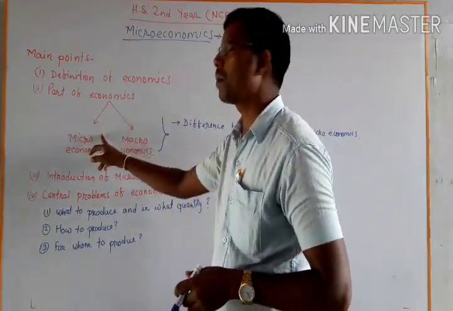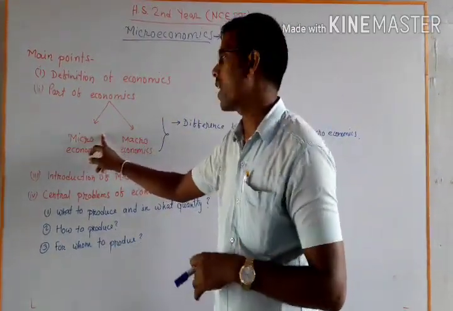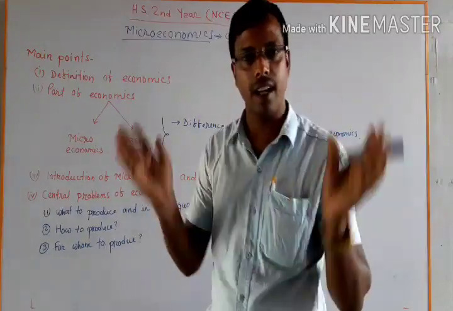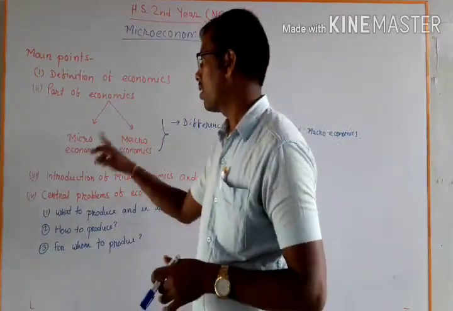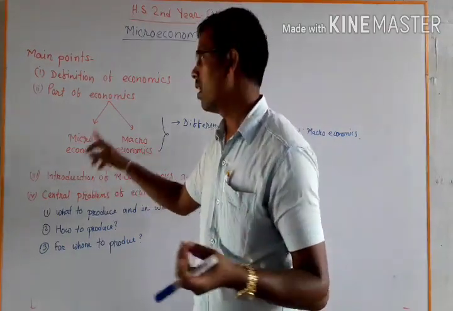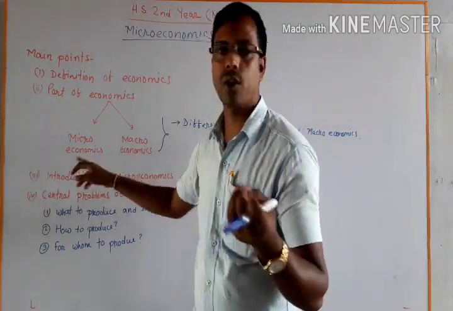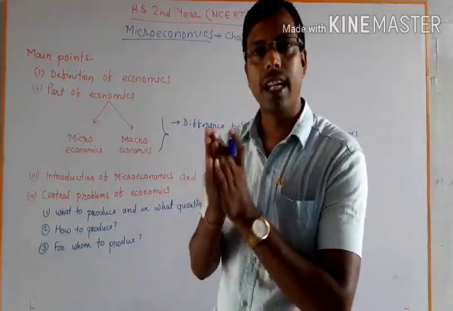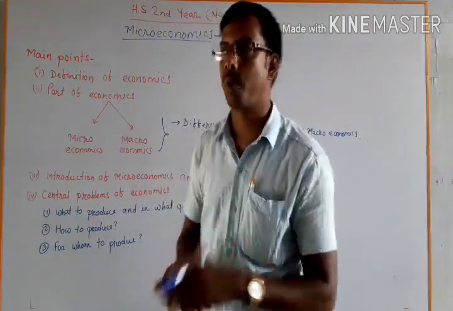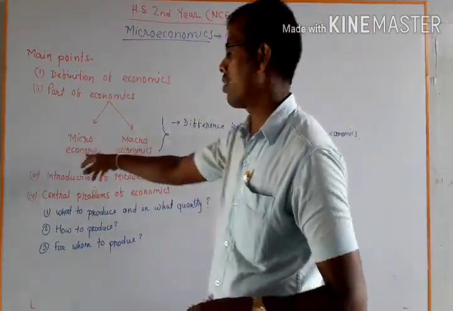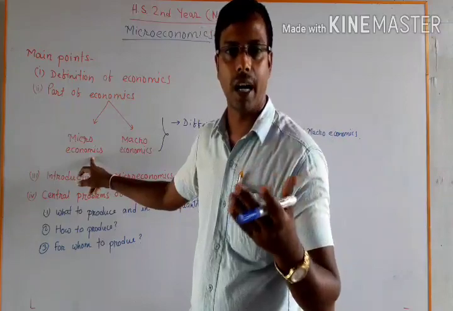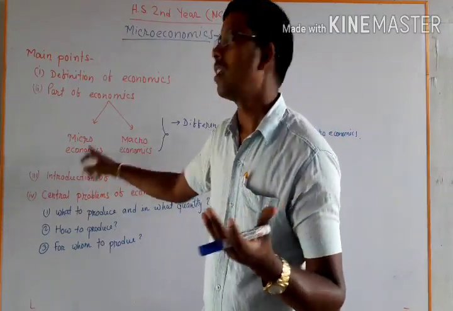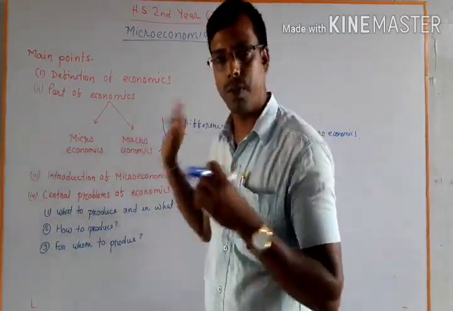Second, the scope of microeconomics is very small, whereas the scope of macroeconomics is very large. In examples you can write that the scope of microeconomics is individual income, individual profits, etc., the price of a commodity, while aggregate demand and aggregate supply are the subject matter of macroeconomics.